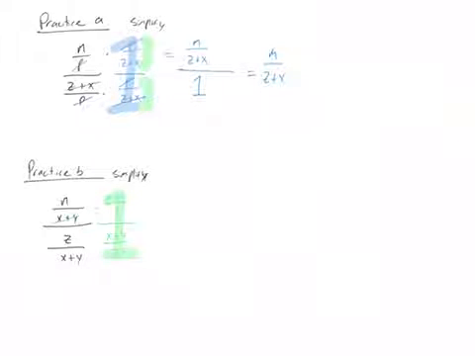This X plus Y will reduce with that X plus Y. This Z will reduce with that Z. And this X plus Y will reduce with that X plus Y. So everything on the denominator becomes 1. And on the top I end up with just that Z and the M. M over Z over 1 is just M over Z. Okay?